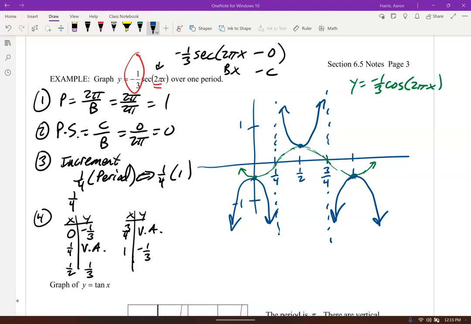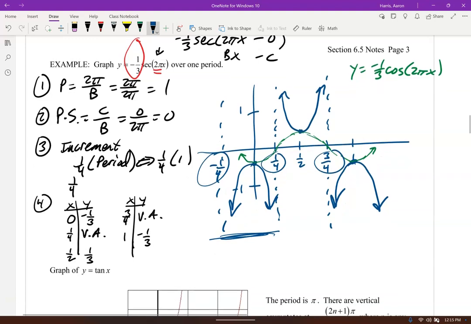Let's talk about the domain and range here on this one. So if you notice the domain, it takes in all these x's except where you have these vertical asymptotes, right? So you got a vertical asymptote, you got a break here at all those spots.